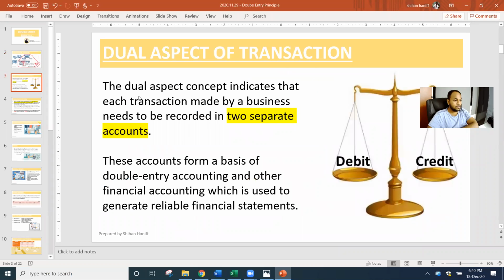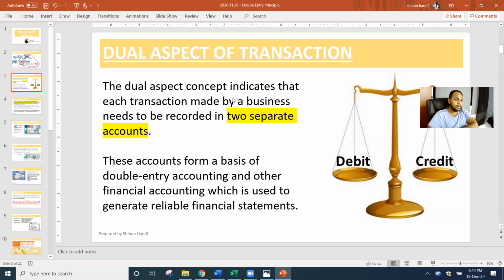So what is meant by dual aspect of transactions? Dual aspect means that for any transaction, there is a dual impact. A transaction will affect 2 or more ledger accounts.